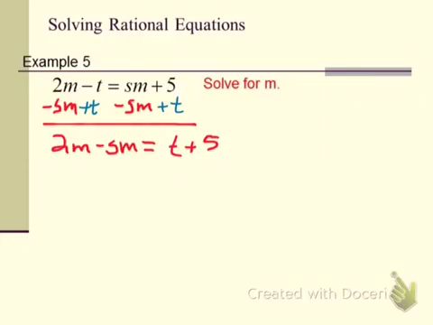Okay, what have we spent more time on this year than any other single skill? Factoring. So to get m by itself so that we just have 1m, what can we do on the left side of this equation? We can factor out an m, and that'll leave us with 2 minus s equals t plus 5.